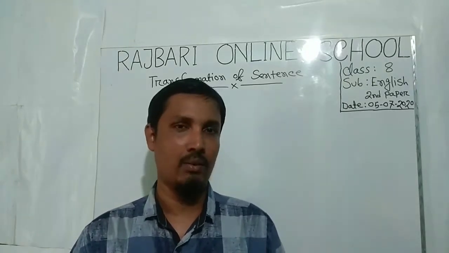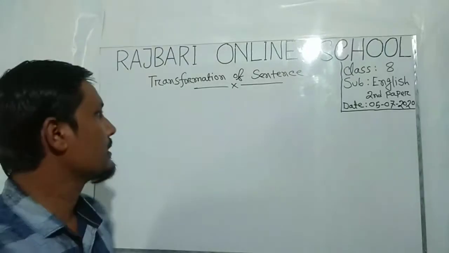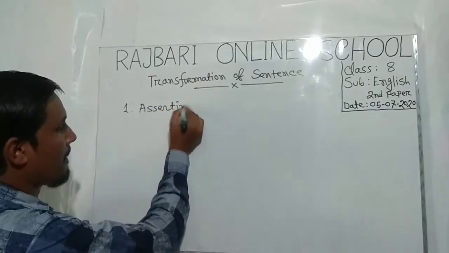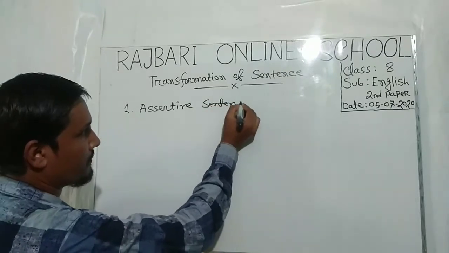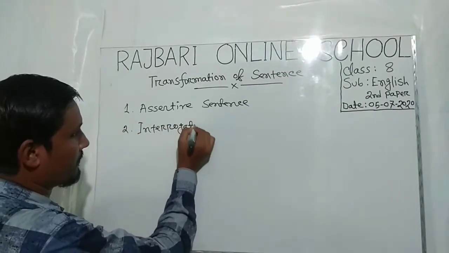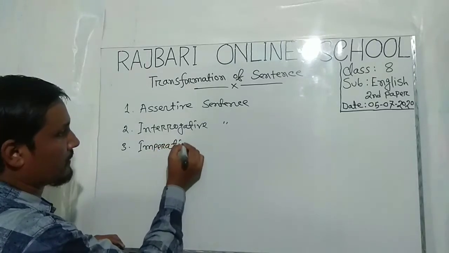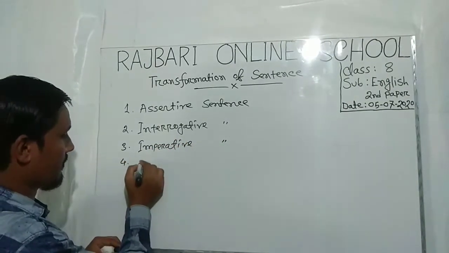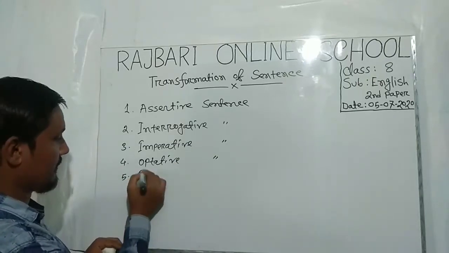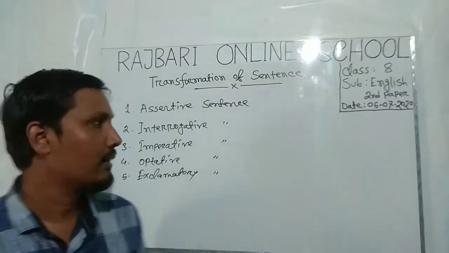My dear student, now we will learn the names of the 5 kinds of sentence: assertive sentence, interrogative sentence, imperative sentence, optative sentence, and finally the last one, exclamatory sentence. Have you got the names of the 5 kinds of sentence?